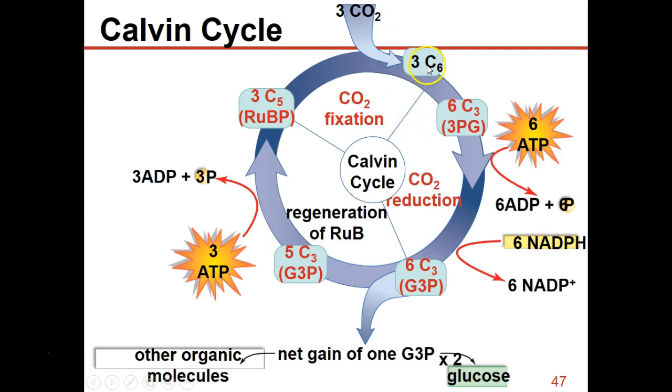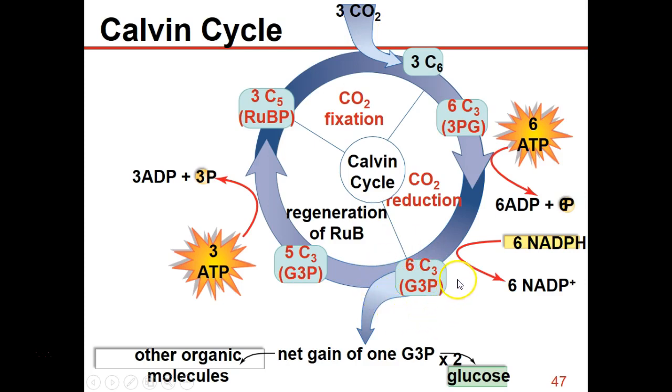So with 3 carbons moving in, we produce 3 of these 6-carbon molecules, which means we have 6 3-carbon phosphoglycerates, which means we have 6 3-carbon glyceraldehyde 3-phosphates. We only get to gain 1 of these though, because this is a 3-carbon molecule and we're taking in only 3 carbons up here.